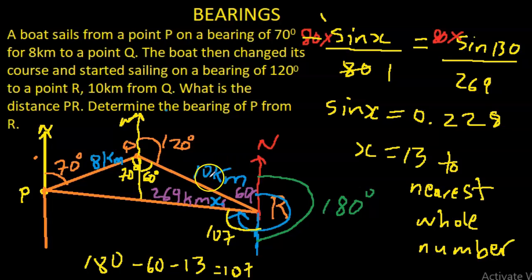To answer the question, the bearing of P from R will be 180 plus 107, which gives us 287 degrees. And that's the bearing of P from R.